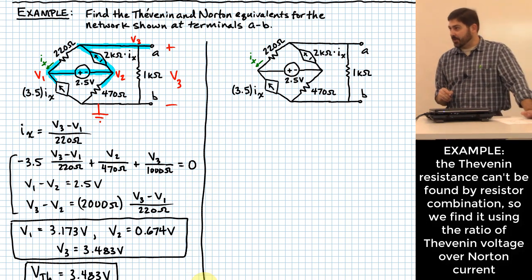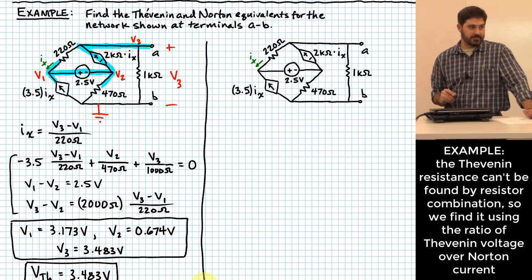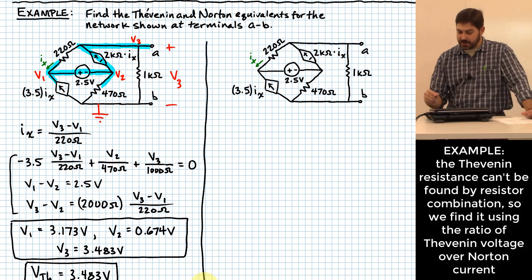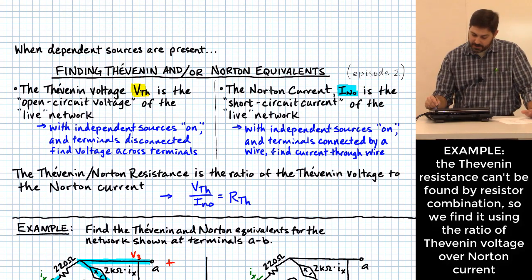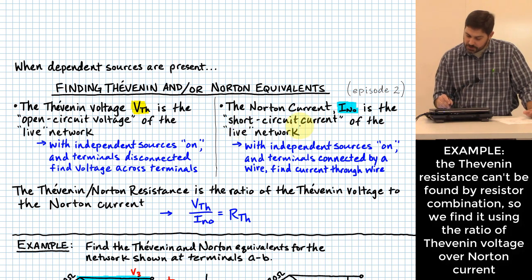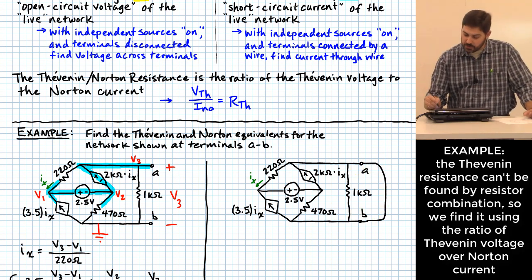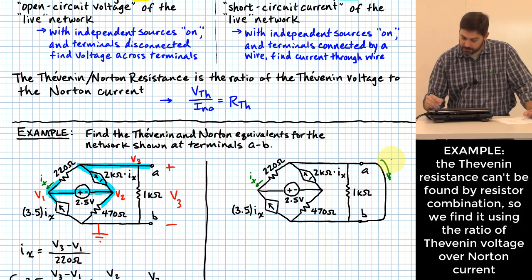What we need to do now is figure out my short circuit current, right? That's the other half of this technique that I mentioned up here. Finding your Norton current is finding the short circuit current of the live network, meaning you short across the terminals like this, and then you figure out how much current flows.